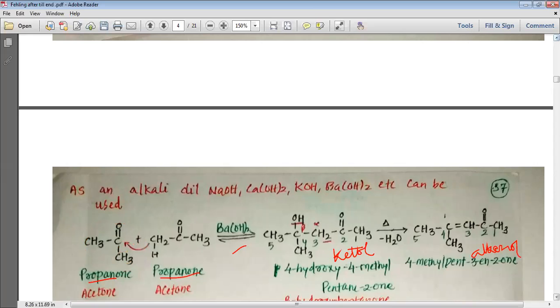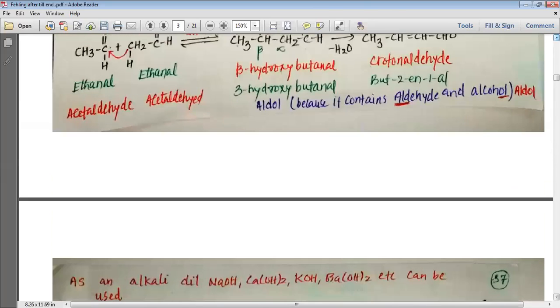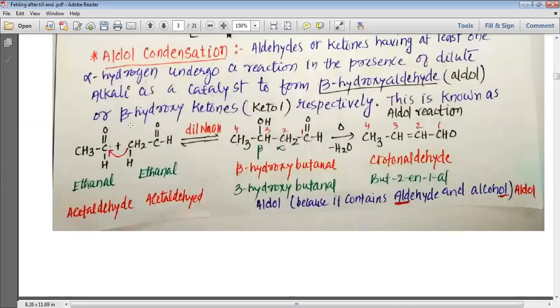You can see here, even in the example of ethanal, this is the alpha carbon. So I have kept this alpha carbon open to attack on the carbonyl group. Here, where the attack takes place, we have kept the carbonyl group open, and we make the attack from the alpha carbon only.